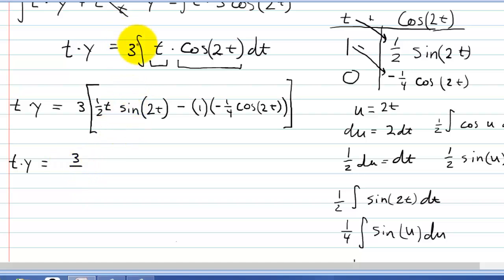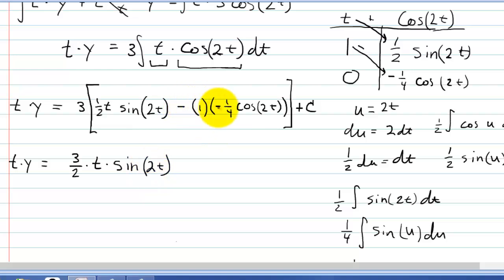Oh, don't forget, since I just integrated, this is the part where you are going to enter the plus c. That's very important, so don't forget it. So that's going to be on the outside. So now we're going to multiply the 3 into all of this. So you're going to get 3/2 t times sine of 2t.